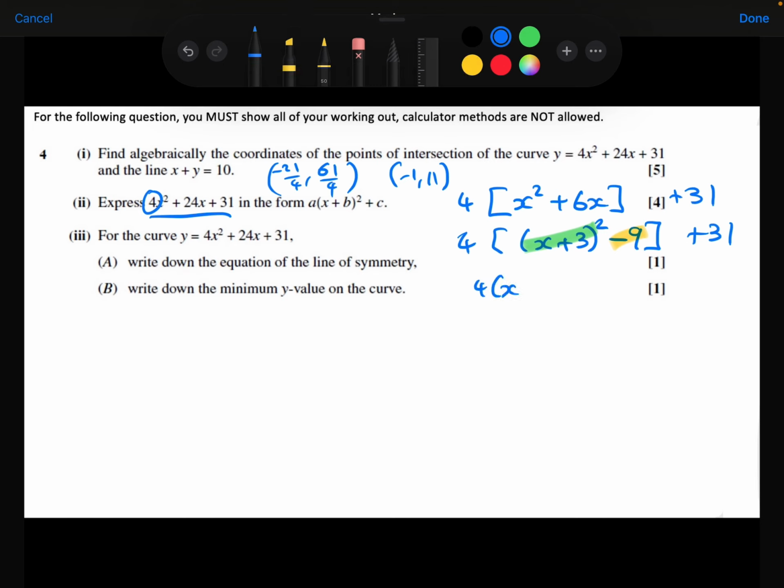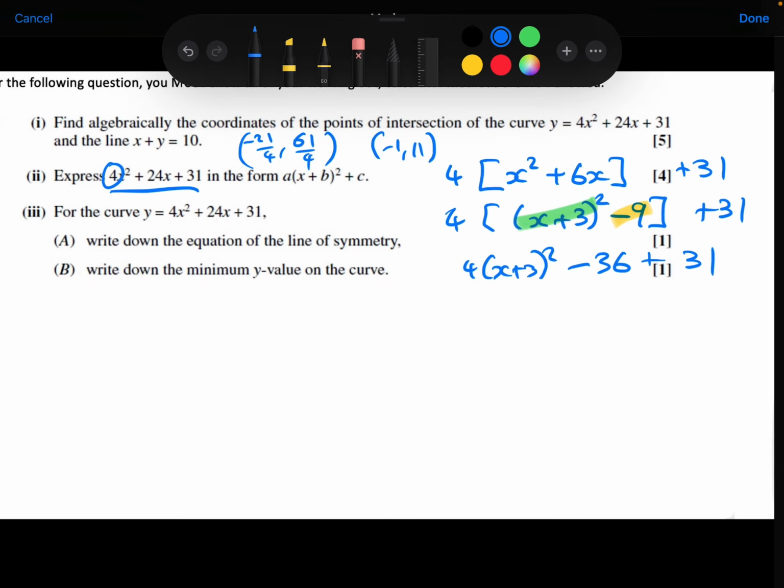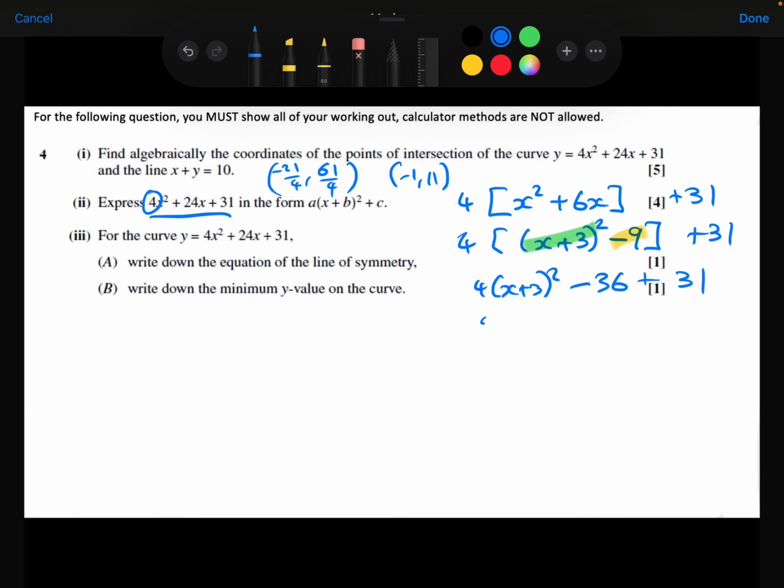So 4 lots of the x plus 3 squared, 4 lots of the minus 9, plus the 31, which is 4 times x plus 3 squared minus 5. So that's my answer to part II, where a is 4, b is 3, and c is minus 5.